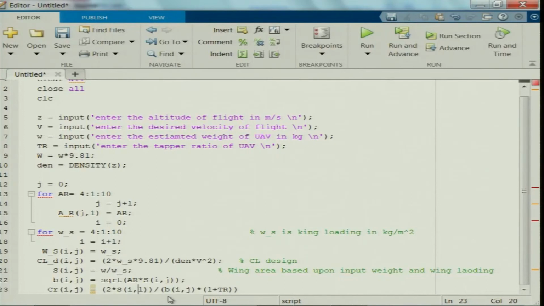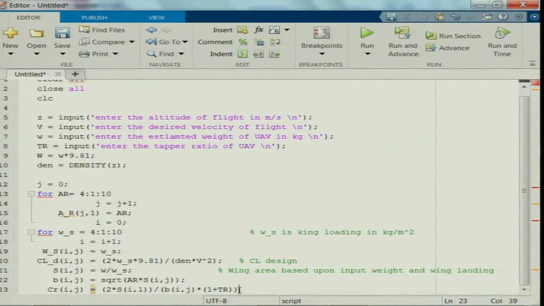We have also discussed at length the significance of taper ratio and how it will help the aerodynamic loading as well, right. We have discussed in our previous course, so you can refer to those lectures.